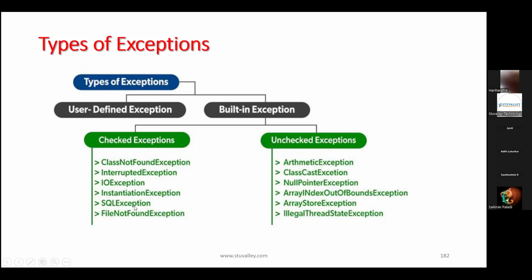These are a few listed. There are multiple. Now, a few listed unchecked exceptions: arithmetic exception, class cast exception, null pointer exception, array index out of bound exception, array store exception, illegal thread state exception. These are different unchecked exceptions which will occur at the runtime, and these are the checked exceptions which will occur at the compilation time.